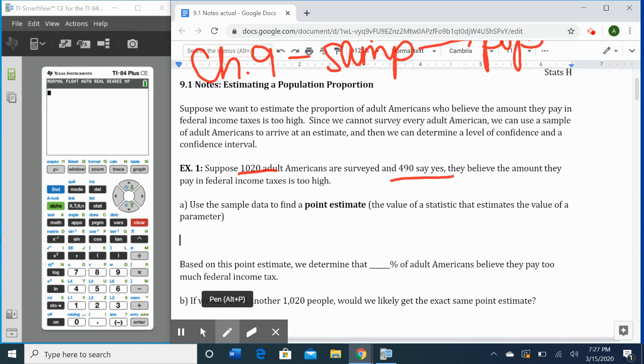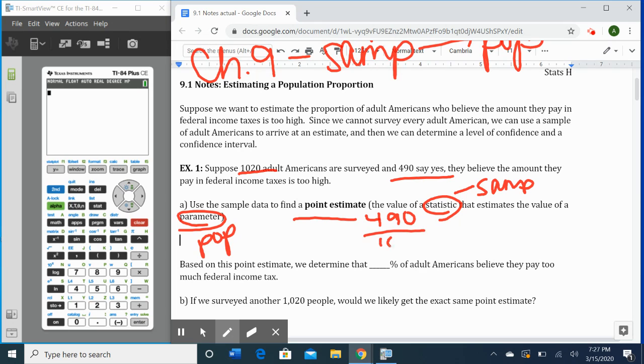So it says use the sample data to find a point estimate, which is the value of a statistic that estimates the value of a parameter. Just remember, statistic goes with sample and parameter goes with population. So the point estimate just means the sample proportion. So what is 490 over 1020? Well, I use my calculator.